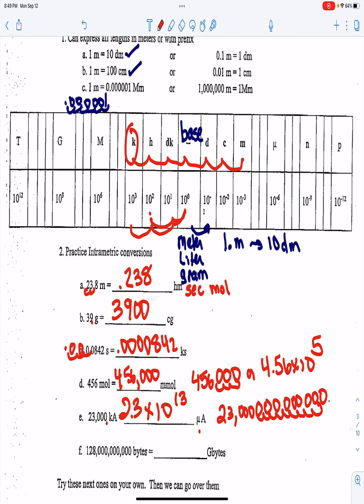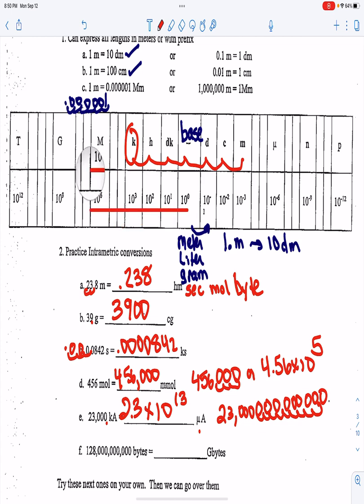Now, here I'm at a byte. So we've talked about computers at the beginning. So a byte would also be a base. So if I'm starting at a byte and I got to go to a giga, I'm going 1, 2, 3. 3 plus 3 is 6.